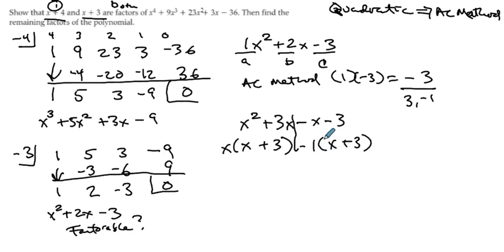So -1 times x gives me negative x, and -1 times 3 gives me -3. So now we're in a good situation. I'm going to pull that x plus 3 out of both of them, and that leaves me with x minus 1. All right, this is like a thing showing me there's like a fence here. Okay, and so that's this thing factored.